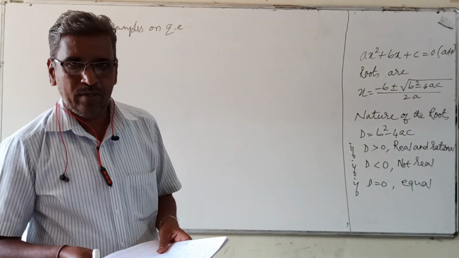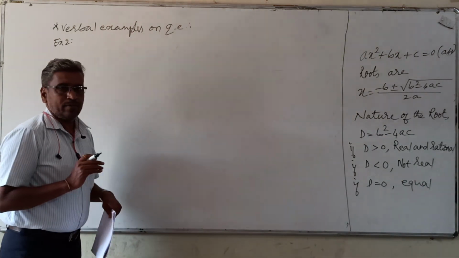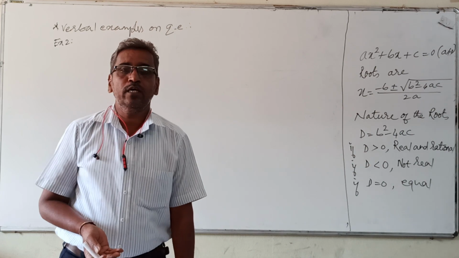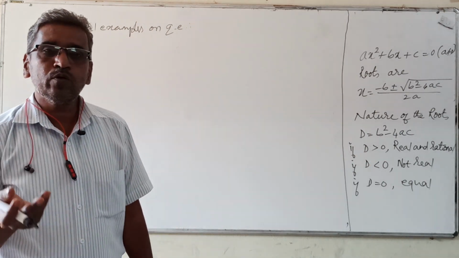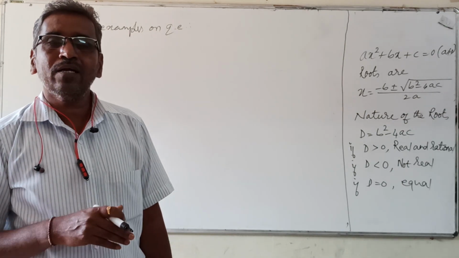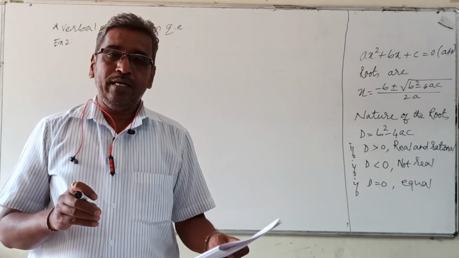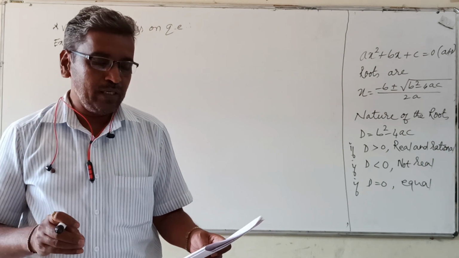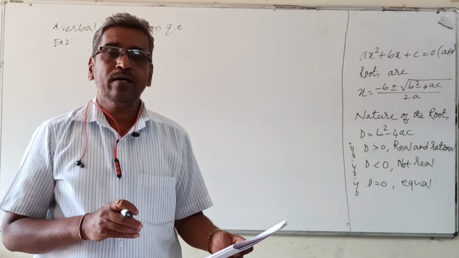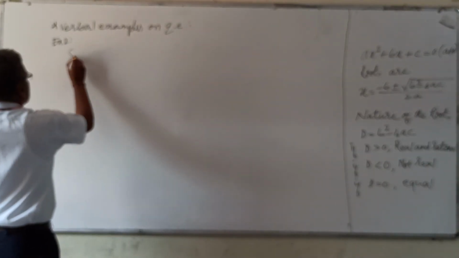Find the numbers. So once again I am repeating, the difference of the squares of two numbers is 180 and another condition, the square of the smaller number is 8 times the larger number. Find the two numbers.